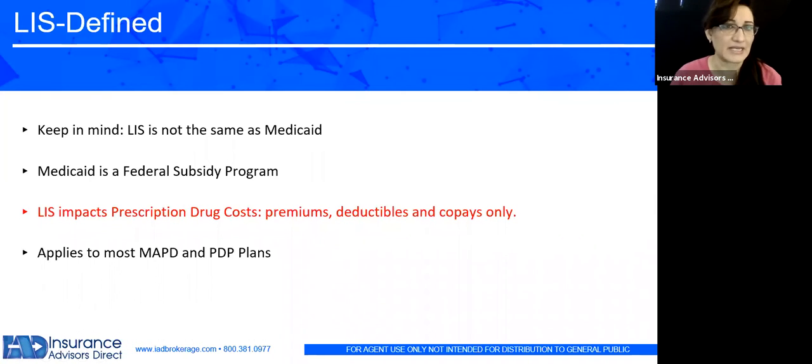Medicaid is a state administered plan, whereas LIS, extra help, is a federal subsidy program. That is how I keep it straight in my mind. The money comes from the same pocket, but two different administrators take care of it. So hopefully that helps you break up how that works.